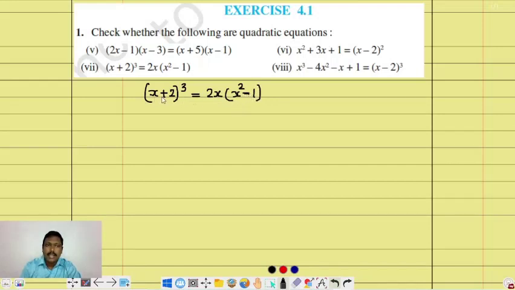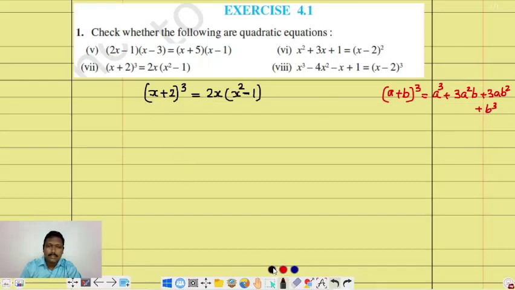So this you can expand using the identity (a plus b) the whole cube. What is (a plus b) the whole cube? It is equal to a cube plus 3a squared b plus 3ab squared plus b cube. So using this identity, you have to expand this one.